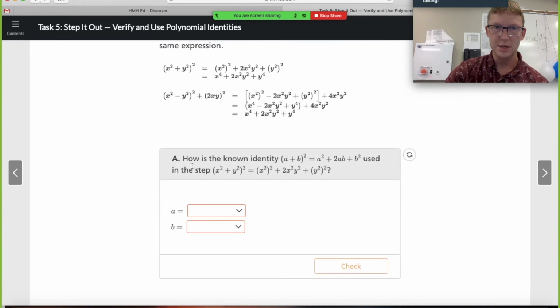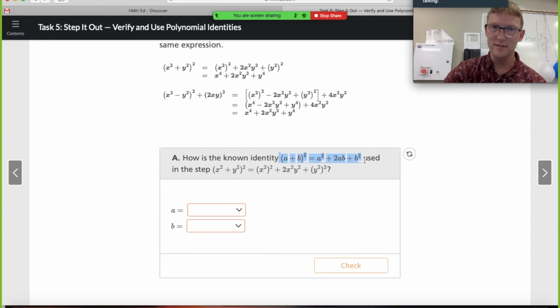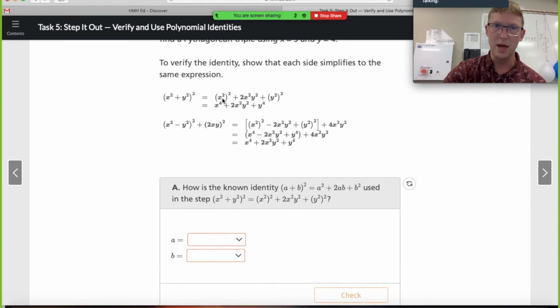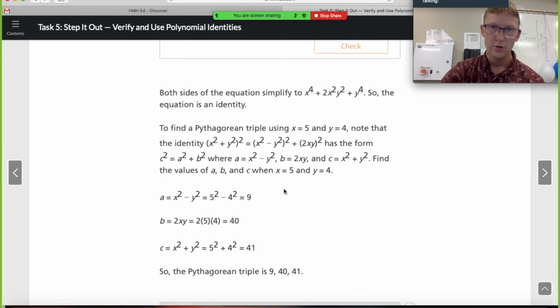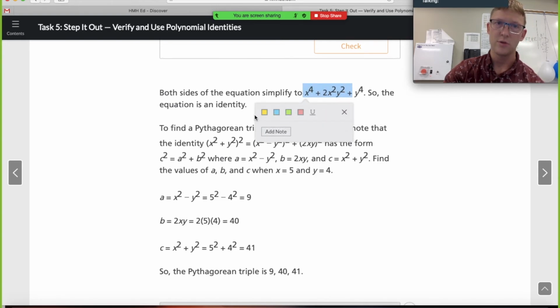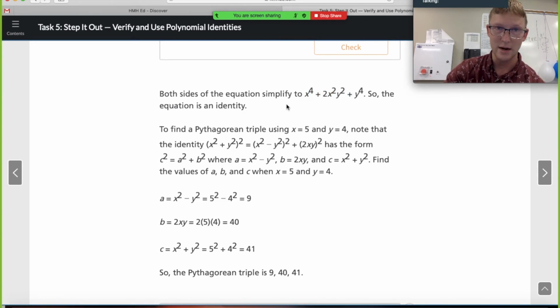So how is it the known identity, a plus b squared equals a squared? So again, we figured this out in our last example, and we just applied it to our x squareds and our y squareds and everything like that. So both sides of the equation simplified to the same thing. So the equation is an identity.